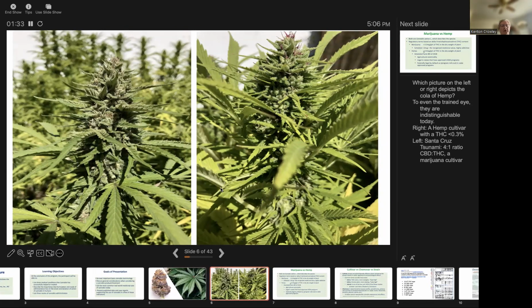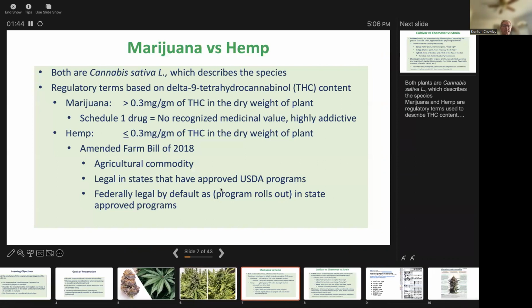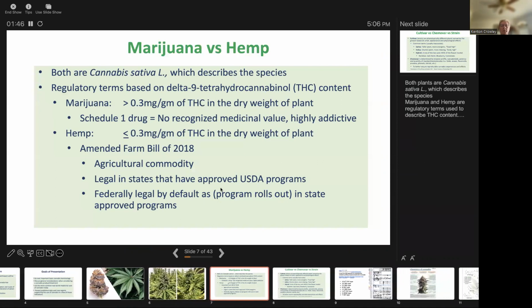Today, it's really hard to recognize the difference between hemp and marijuana, hemp being on the right and a marijuana cultivar being on the left. Both plants are Cannabis sativa L, which describes the species of marijuana and hemp. The terms are regulatory terms based on the THC content.